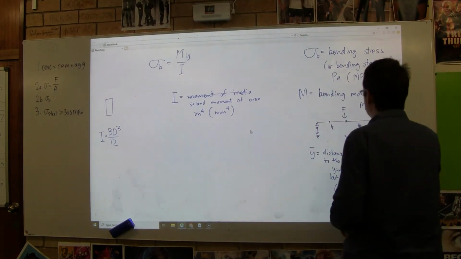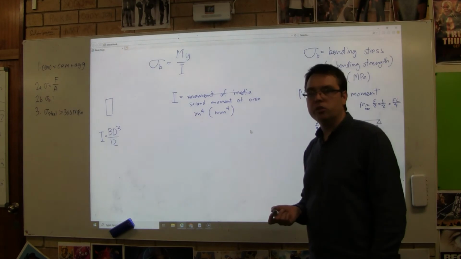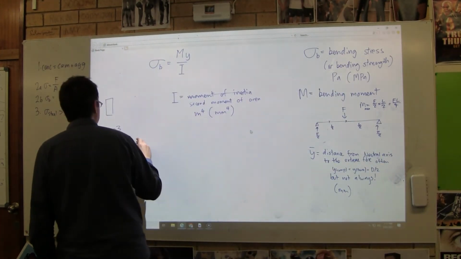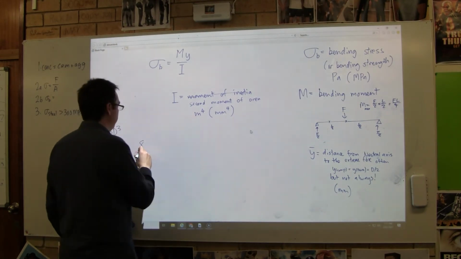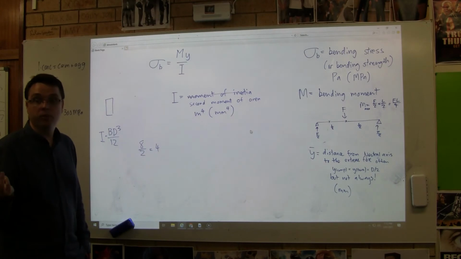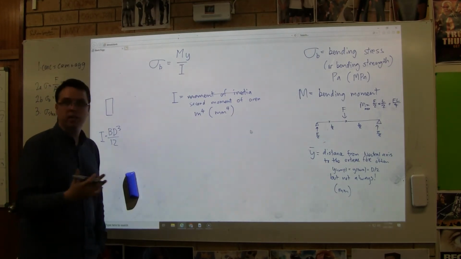I'm going to call it 8 for the sake of argument, right? So the rule that builders used to use is they'd say half the feet in inches. So 8 foot, right? 8 foot divided by 2 is 4. And so you'd have 4 inches, right? 4 inches, pretty standard beam, right?